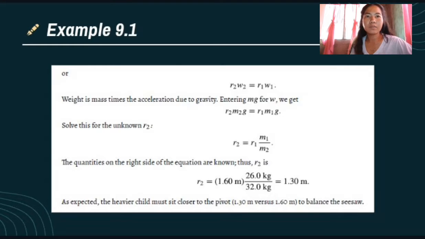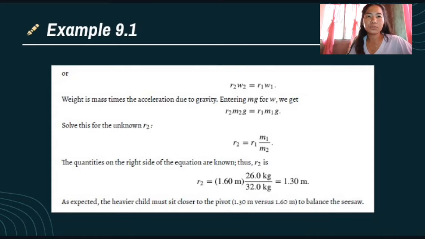Weight is mass times the acceleration due to gravity. Substituting mg for w, we get r sub 2 m sub 2 g equals r sub 1 m sub 1 g, where m is the mass. Solve this for the unknown r sub 2. r sub 2 equals r sub 1 times m sub 1 divided by m sub 2. The quantities on the right side of the equation are known.